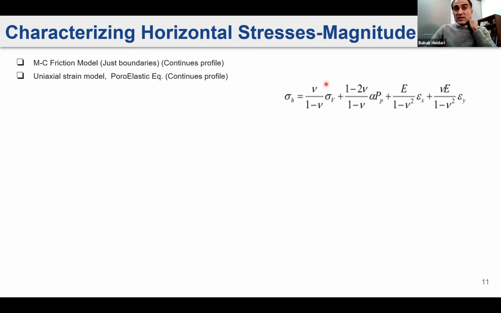So by using this equation and having access to this information, you can come up with a continuous profile, same as the compressional sonic log. Because you want to drill not only one interval of the borehole, you want to drill from surface to TD, and you need to have access to this continuous information to define your safe mud window, for example, in the simplest application.